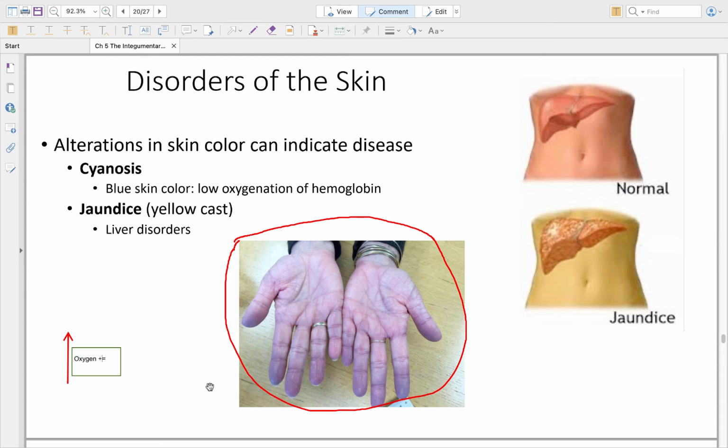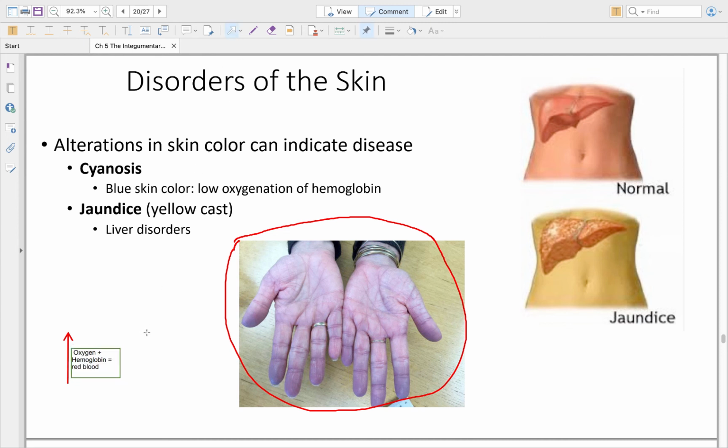Oxygen binds with hemoglobin in the blood. The higher the oxygen concentration, the more red your blood will be. It will give off a visibly red color.